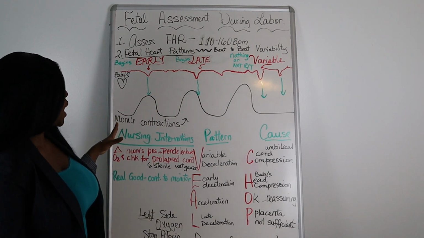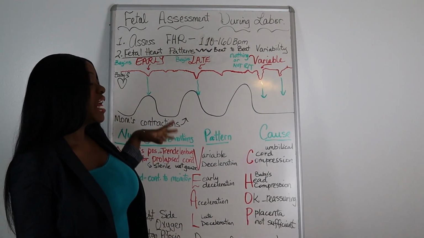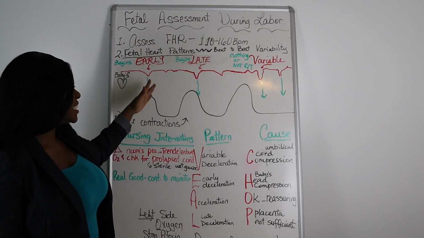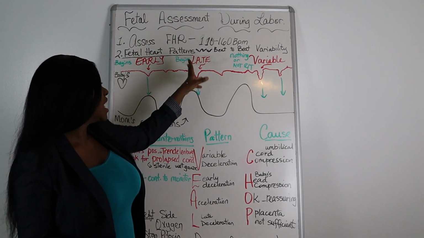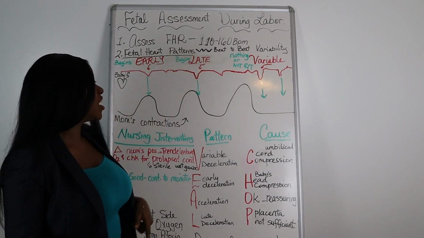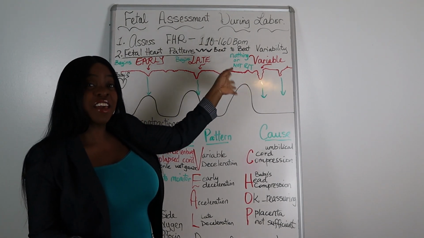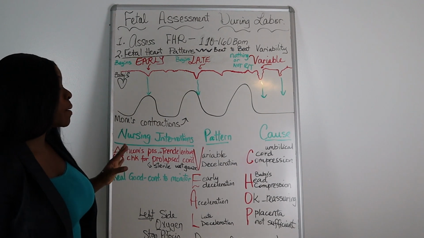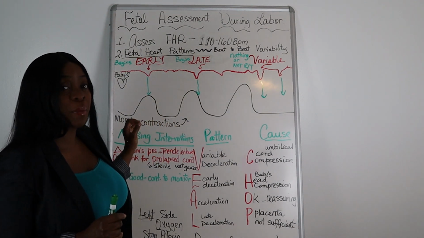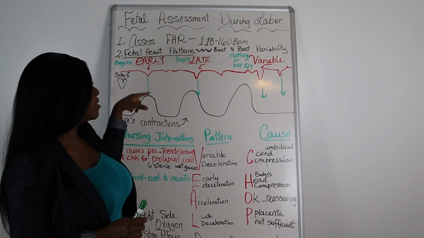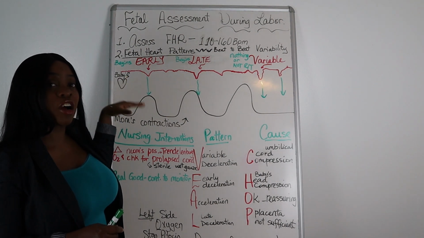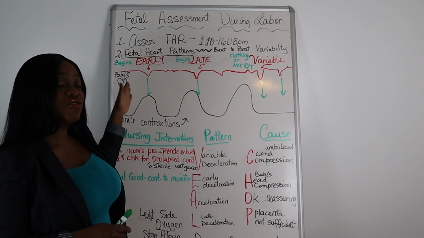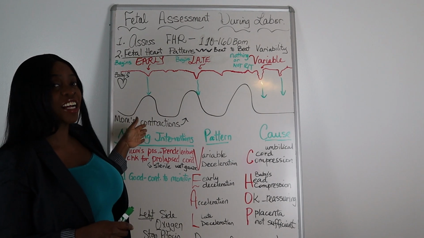And so I'm going to show you the difference between the early deceleration in the fetal heart rate, the late deceleration in the fetal heart rate, and what we mean by a variable deceleration in fetal heart rate. So remember that whenever we consider the fetal heart rate pattern, we want to think of the deceleration or drop in heart rate in relation to mom's contraction.